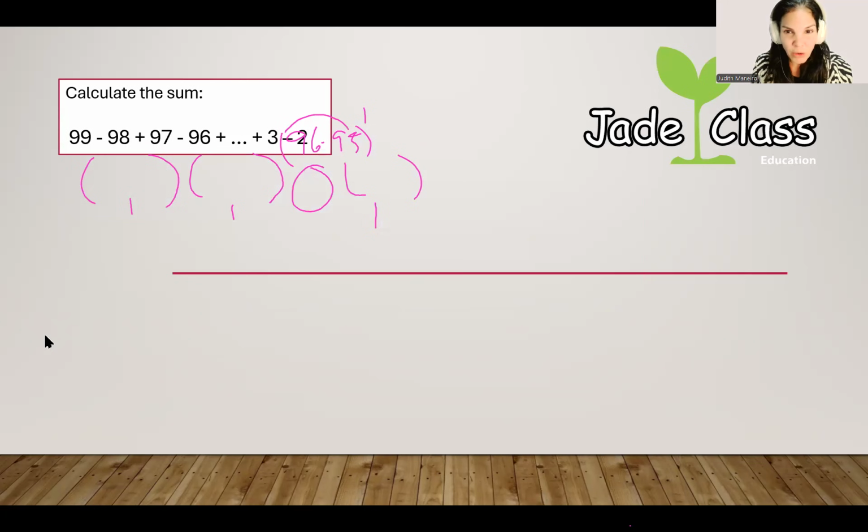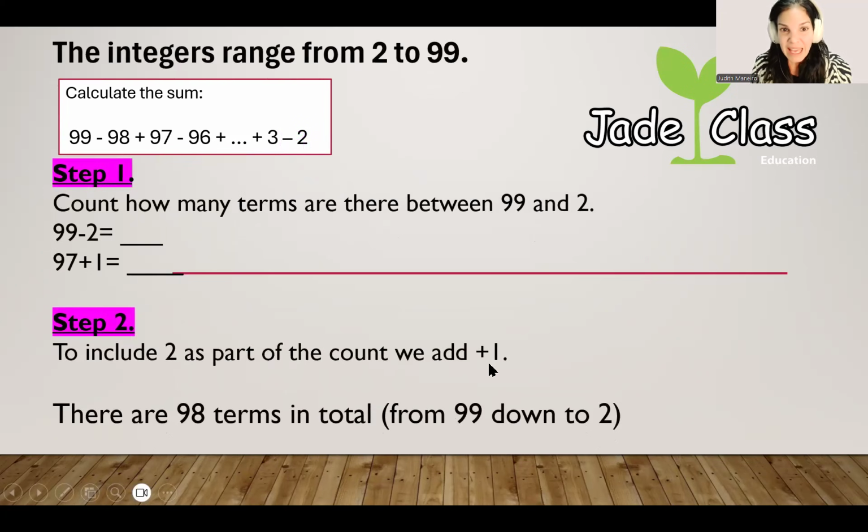So over here, we have step 1. Step 1 is to count how many terms there are between 99, which is the first number you see here, and 2, because as you can see here, 2 is also one of the last numbers.